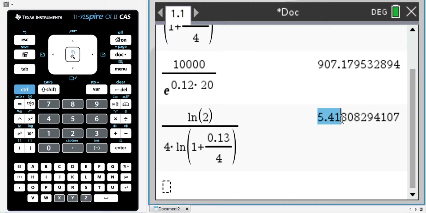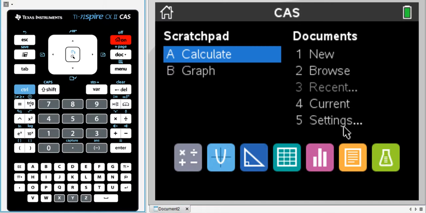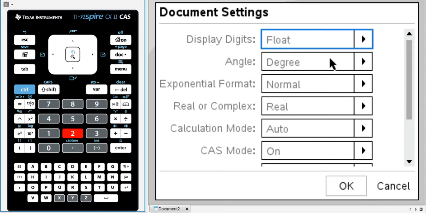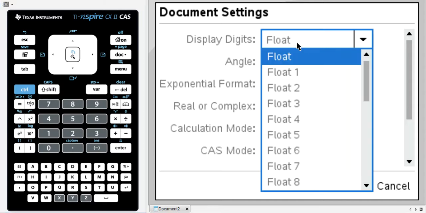5.42. Now, let me remind you again that if your calculator isn't displaying all of these digits, we can easily fix that, especially for those of you that just recently installed this on your computer. If you press the on button until you get to this home screen, you can choose option 5 for settings, and then option 2 for current settings. You want to make sure that your display digits are set to float and not float 6 by default.